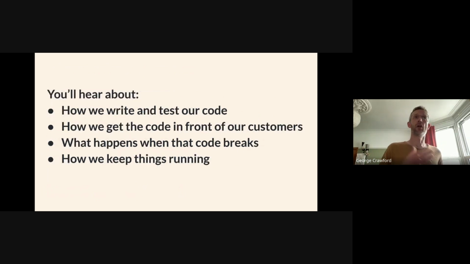So today you're going to be hearing about how we write code, how we test our code, how we get that code out to a place where our customers can actually use it and interact with it. The various ways in which code can break and what happens when it does, the things we need to do to make our systems safe and secure, and generally how we keep things running. Along the way, you'll hear at various times references to what it costs to keep software running.